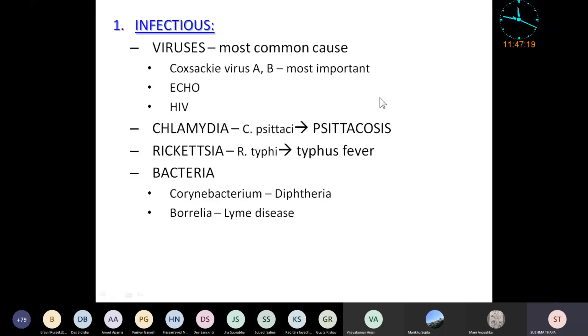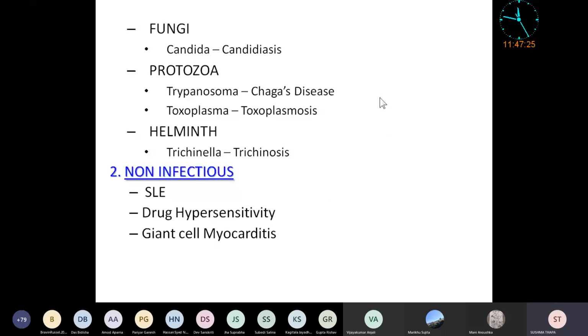Not only that, even with fungal infection, a patient can have myocarditis, especially if the patient is having candidiasis, or any protozoal infection. If the patient is infected with Trypanosoma, leading to Chagas disease, that time also they are more prone to have myocarditis, or the myocardium is involved.